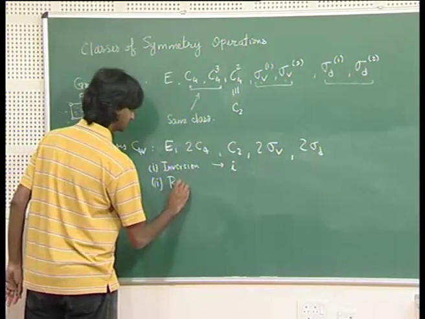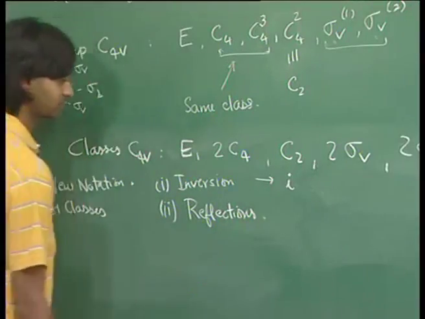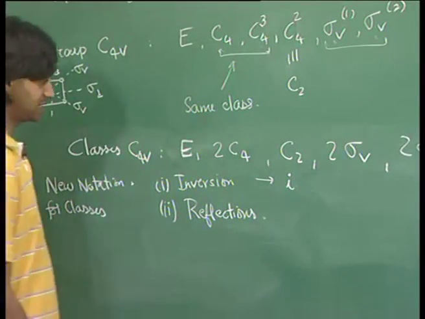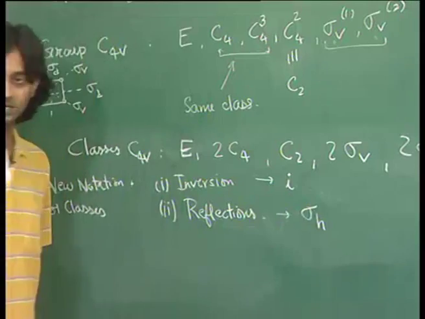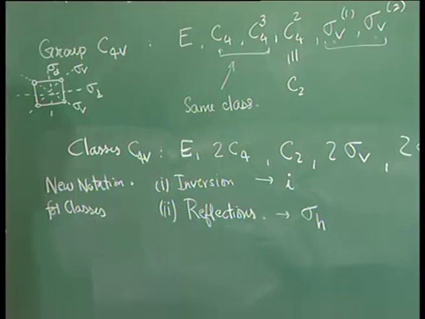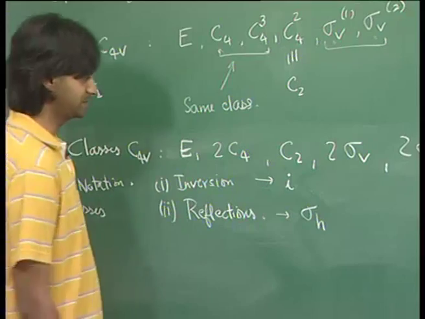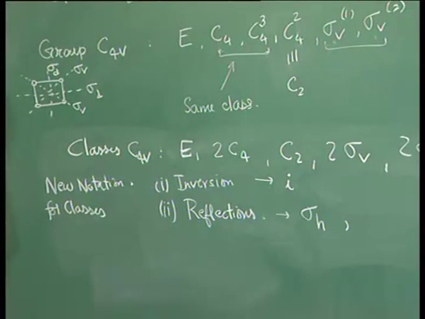Second is reflections. If you had a sigma h, sigma h is always in a class of its own, so you just call it sigma h. Now if you have sigma v's, then you separate them into classes.